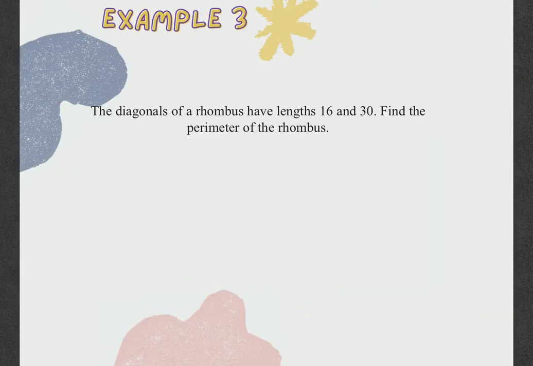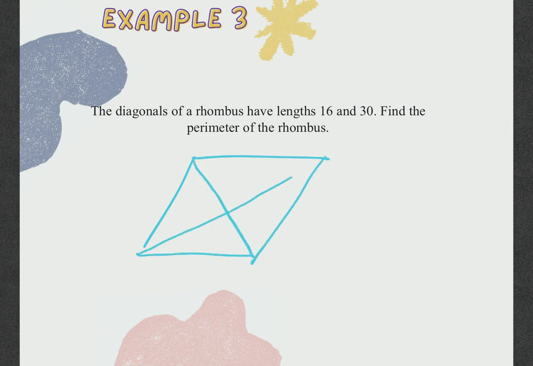All right, example 3 says the diagonals of a rhombus have length 16 and 30. Find the perimeter of the rhombus. So what's true about a rhombus? 4 congruent sides.